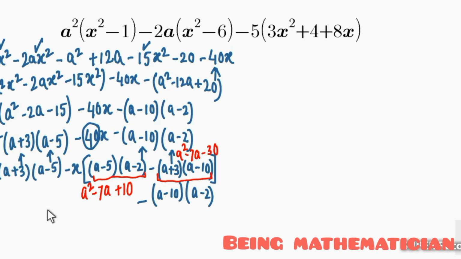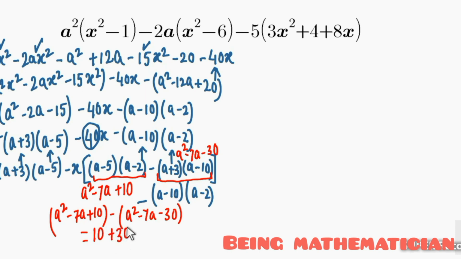So clearly a² − 7a + 10 minus (a² − 7a − 30) is obviously 10 + 30, that is 40. So we can make 40 from these four factors.